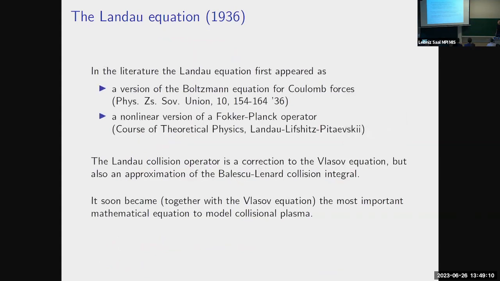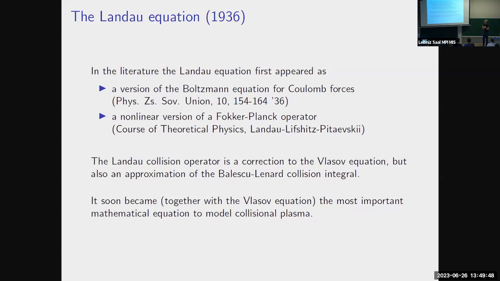Just a little bit of history. It was derived from the Boltzmann equation by Lev Landau to describe collisions in plasma, a setting in which the Boltzmann model becomes ill-posed. He proposed this new model in 1936, and 20 years later the same equation was derived from a completely different point of view as a nonlinear Fokker-Planck operator.